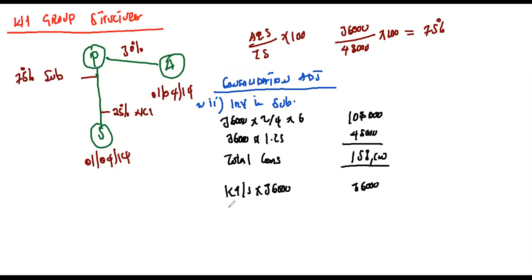And then the share premium is 5 kwacha per share, multiplied by the 36,000. How much is 5 by 36? It's 180. Oh, wait a minute.